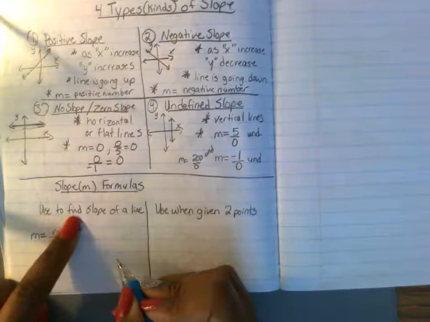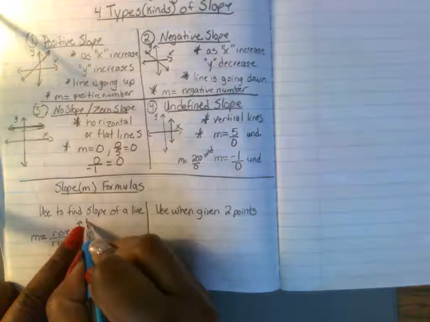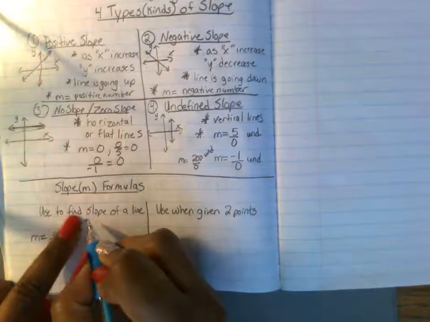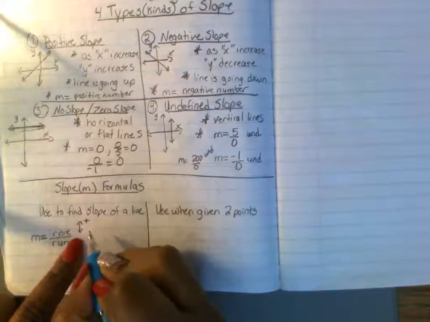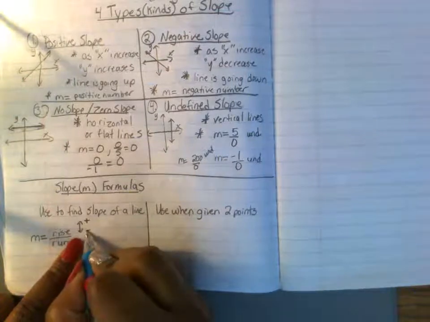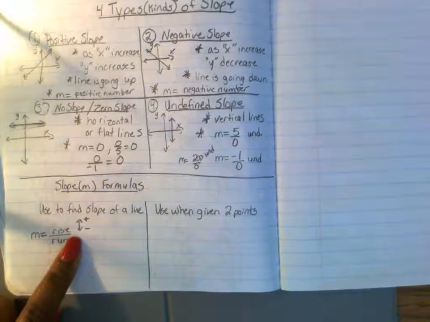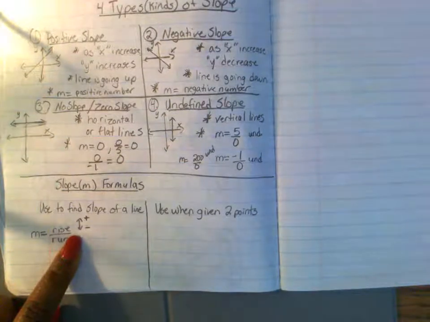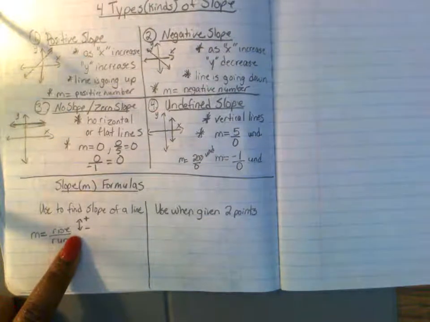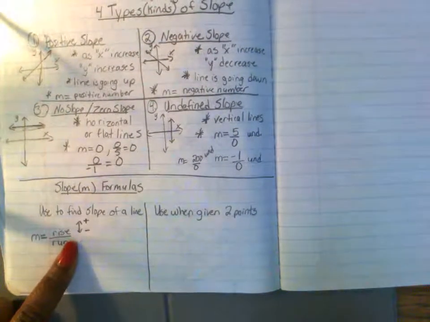If you go up to get to the next point, your top number is going to be a positive. If you go down to get to the next point, your top number is going to be a negative. So your top number is your rise, your up, or your down. If you go up, the top number is a positive. If you go down, the top number is a negative.